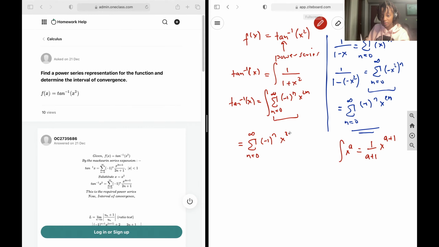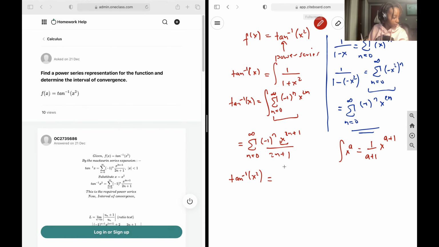So x to the 2n plus 1 over 2n plus 1. So that's going to be the first step. Next, if we want the inverse tan of x squared, we're going to have to replace this x with x squared.